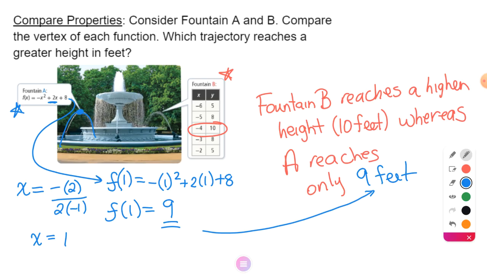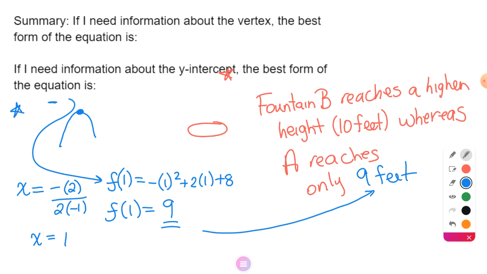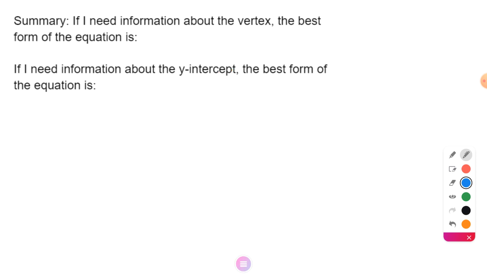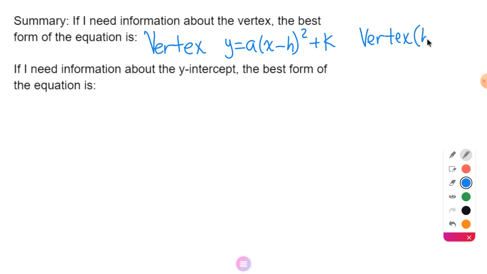And let's just wrap it all up. One last piece of information here. If I need information on the vertex, which format is going to be better? We're going to use the vertex form of the equation, which says a times x minus h squared plus k, and that vertex is h comma k.